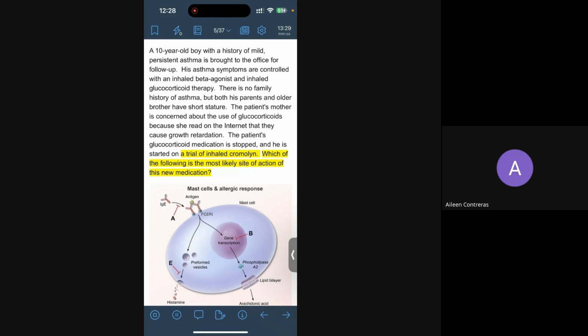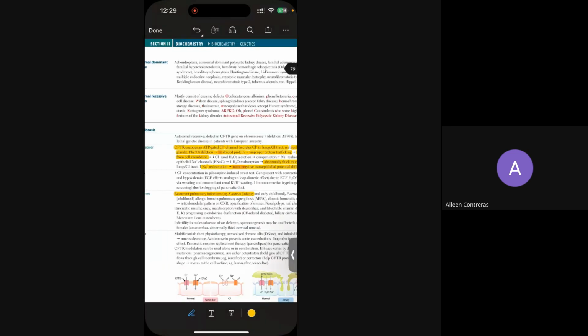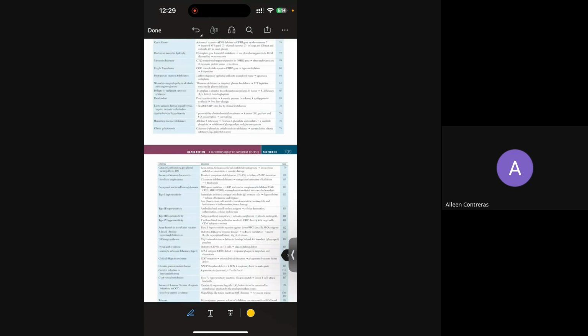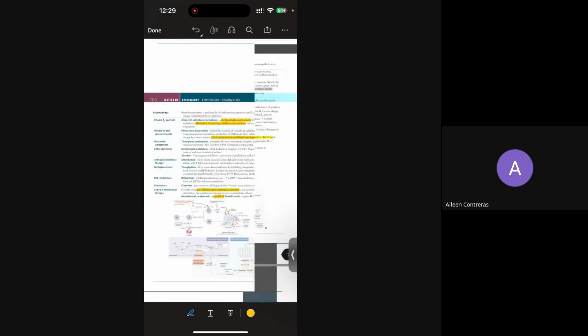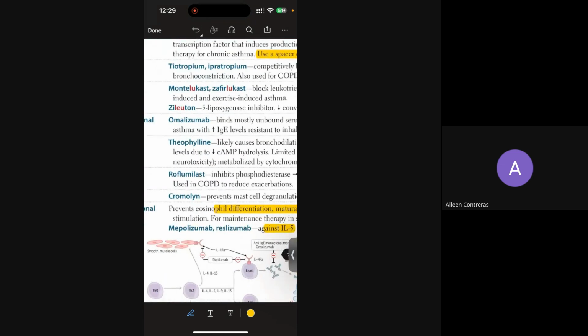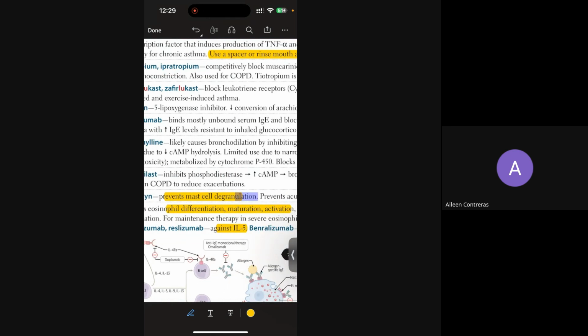So the drug he is asking about is cromolyn. And we know the function of cromolyn: cromolyn prevents mast cell degranulation.